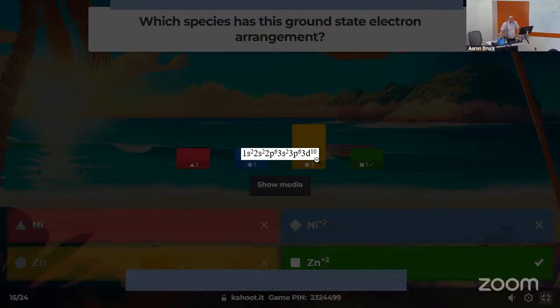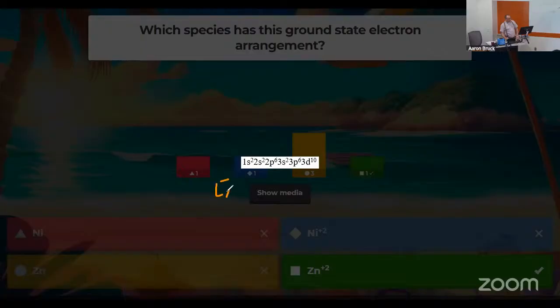Before you get to the 3d sublevel, you have to occupy the 4s sublevel. So the configuration for zinc is argon 4s2 3d10. This is my argon.